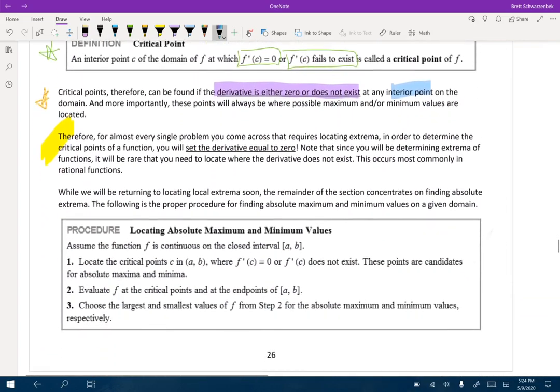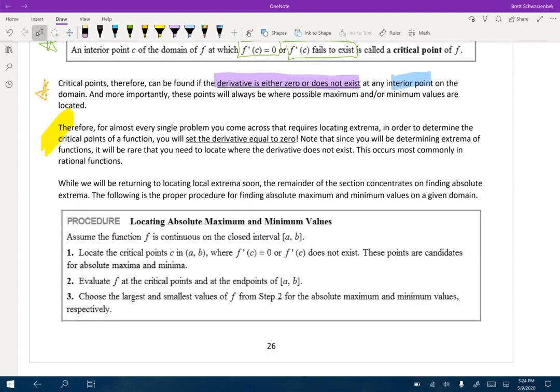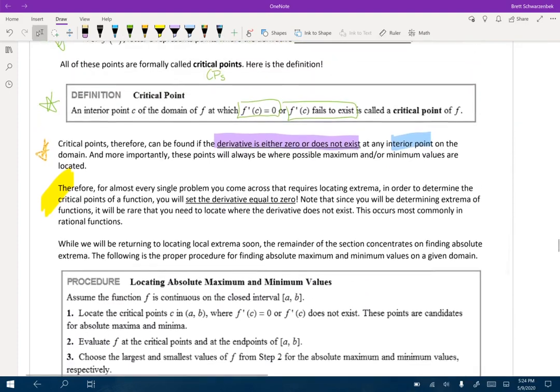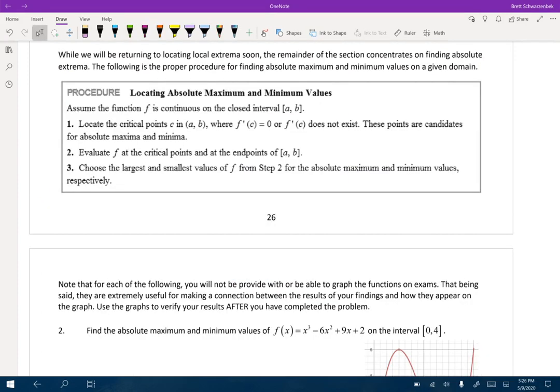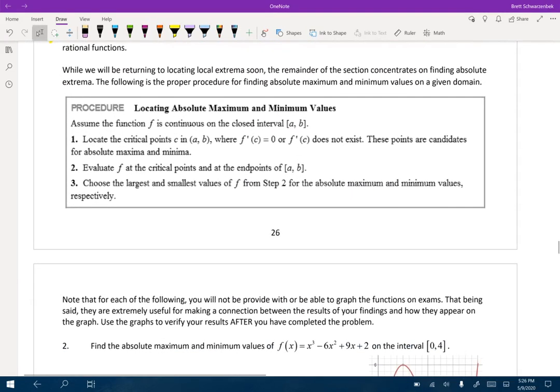We will talk about that more in a second, but that is an extremely important concept here. So the big takeaway is that we must set the derivative equal to 0 to find critical points. And now that you learned how to identify local and absolute extrema, we're going to move away from local extrema.